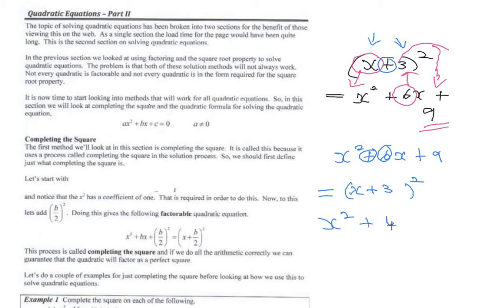Okay, so say now we have x squared plus 6x plus 8. If I now do x, the plus as it is, and half the 6, squared, I'm going to have x squared plus 6x plus 9.